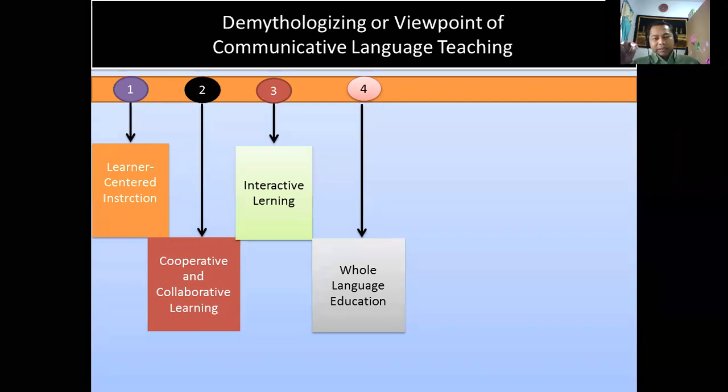So in whole language education, that is interactive learning. Whole language education explains learner-centered instruction. Whole language education can also implement cooperative and collaborative learning.